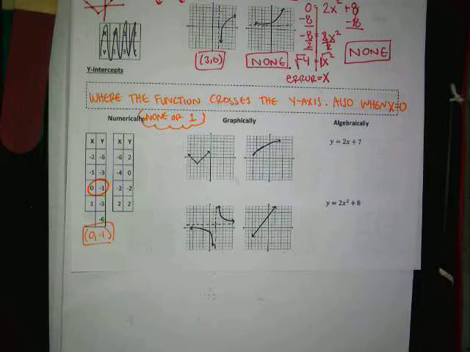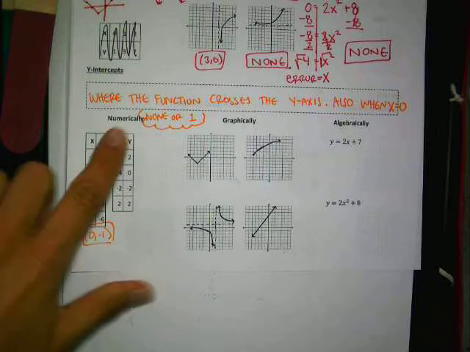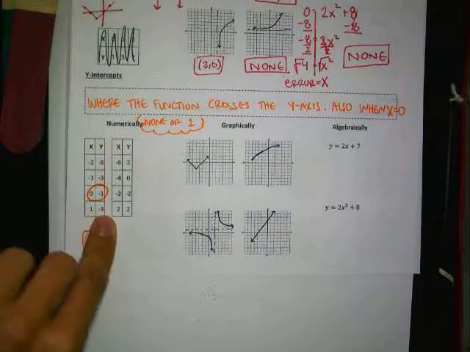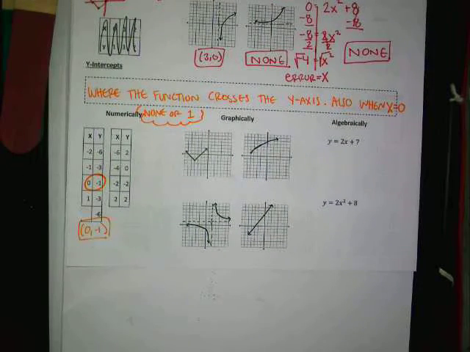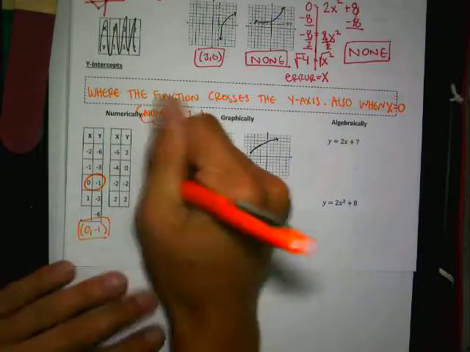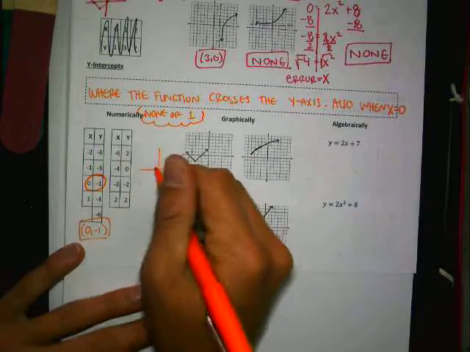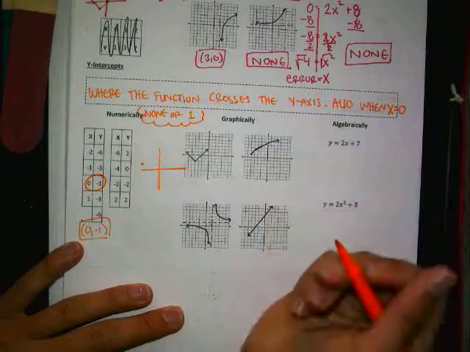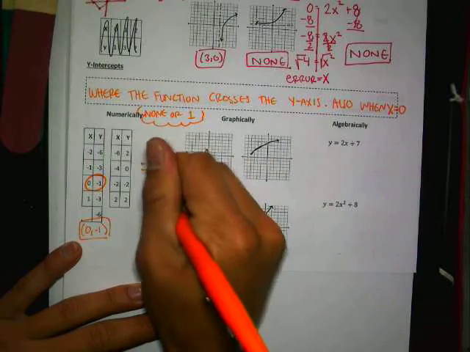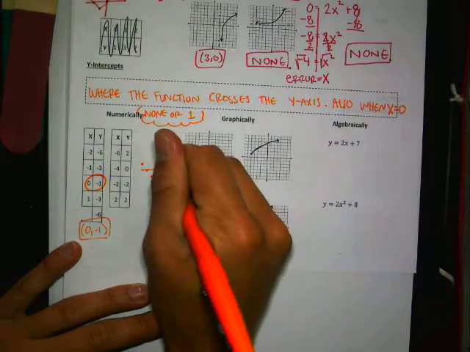Number 17, Briseda, does x ever equal 0 on this other table? No, it doesn't. But like I said, make sure you're graphing just to be sure. So -6, 2, -4, 0, -2, 2, and 2, 2.